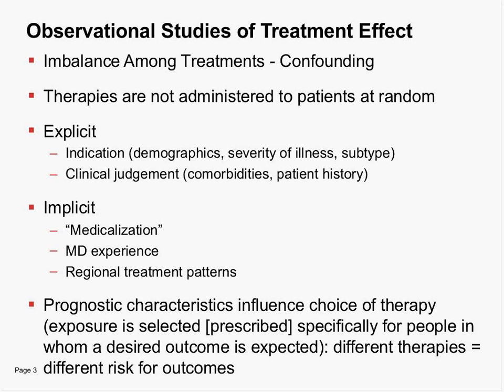There are also less explicit items that go into the treatment decision: how connected a patient is to the health system, the medicalization of that patient, the past experience of the physician with this treatment, and there are regional treatment patterns, things that differ in different regions of the country, that also influence treatment.